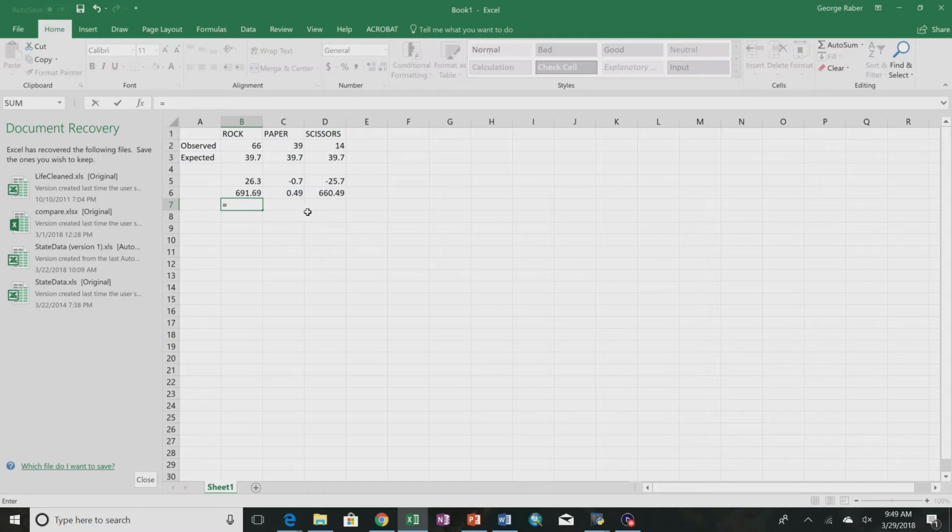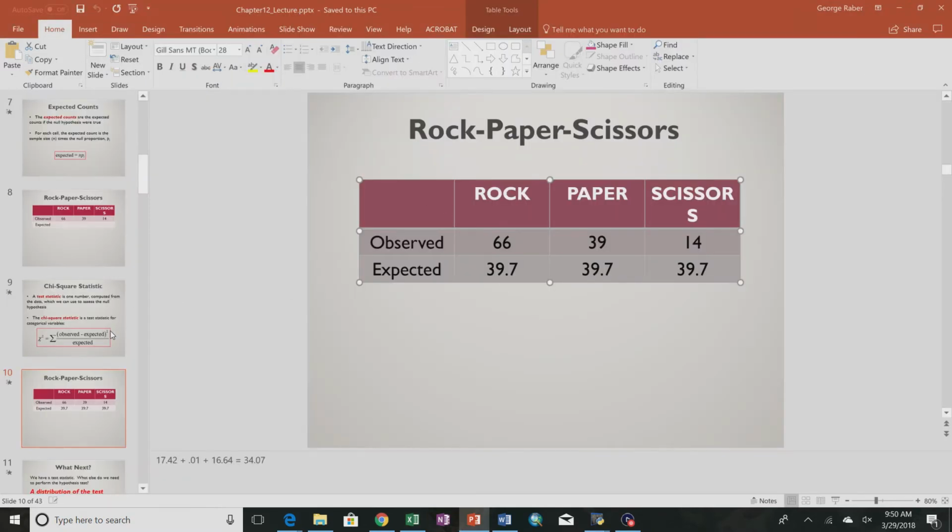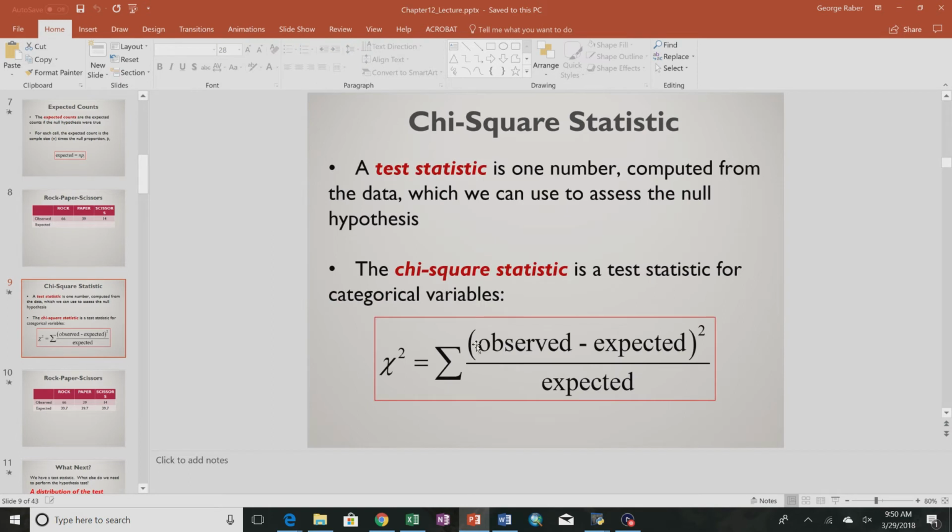Then we divide that number by the expected value, and these are the contributions of each to the chi-square statistic. So we add those all together, we sum them, and that is the chi-square statistic, 34.072229. That's the number. And all I did was implement this formula. Pretty simple formula.